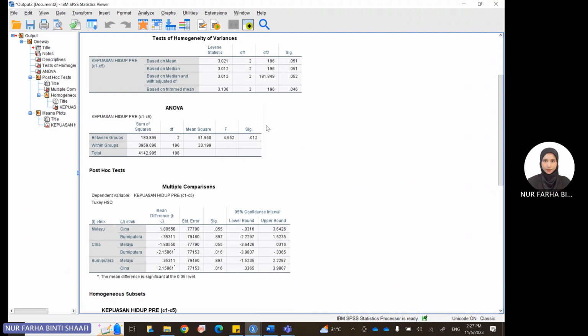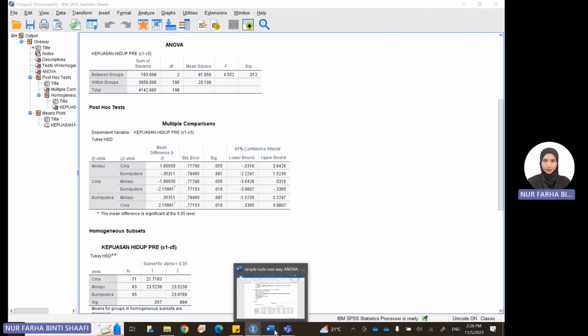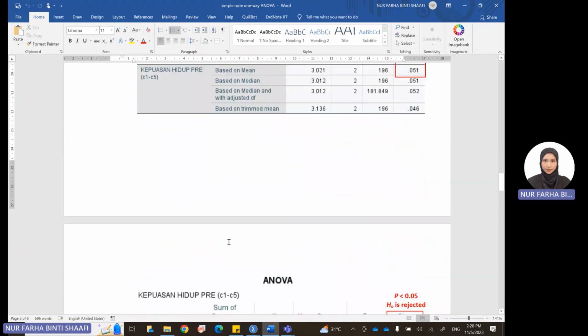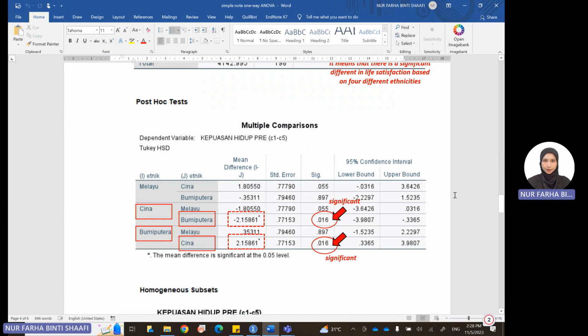All right, so after that, what you need to do, I would like to show you this table. This one, the same. I just took a screenshot. From here, you need to look at the significant value for each of these ethnicities.